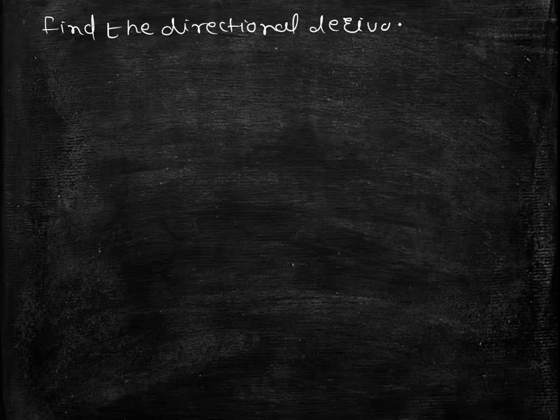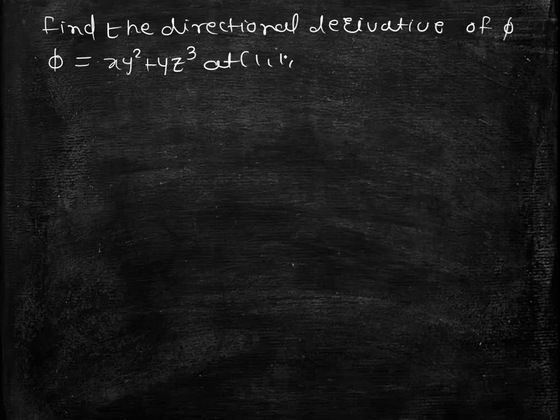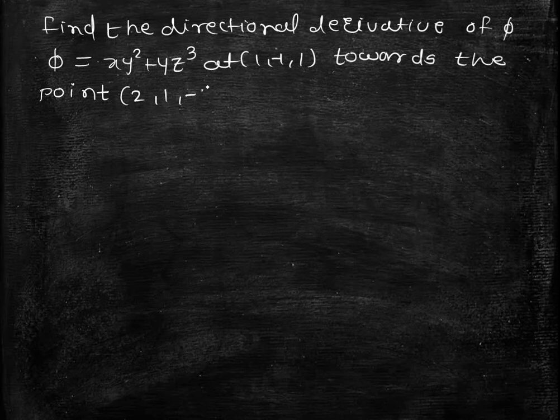So the same question is here: find the directional derivative of phi, where phi is x y square plus y z cube, at 1, minus 1, 1, towards the point 2, 1, minus 1.